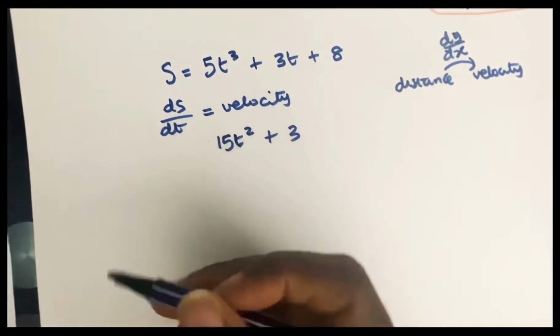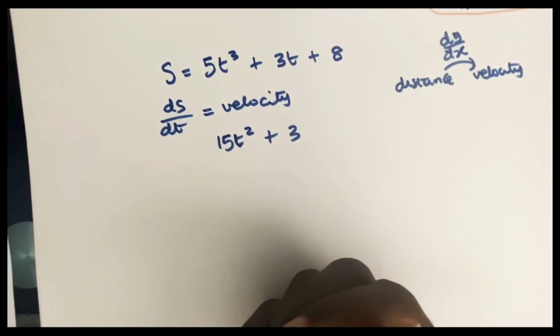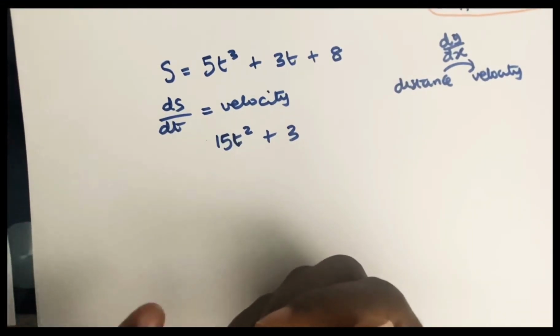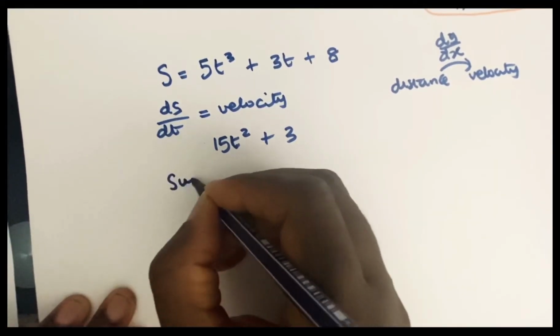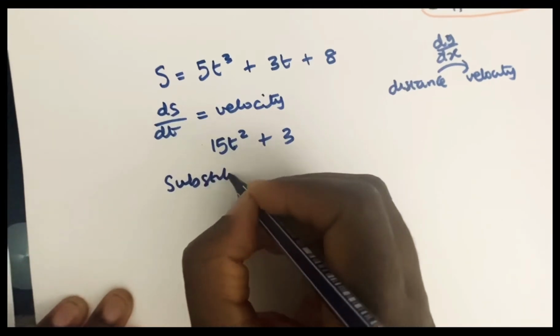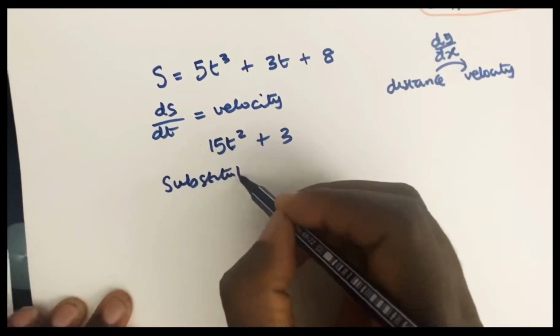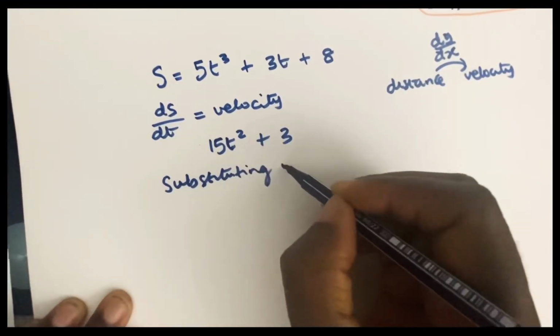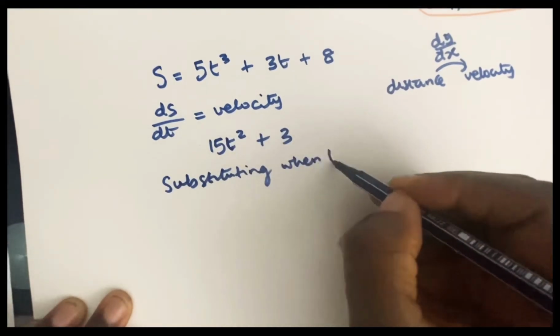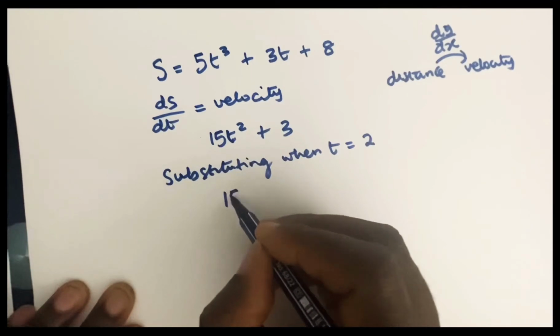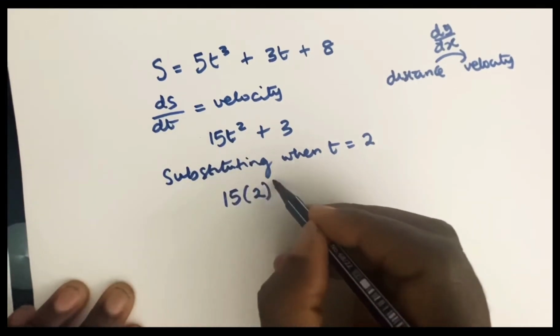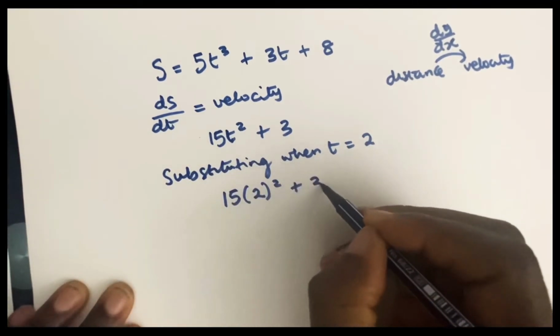And after 2 seconds, we just have to substitute 2 whenever we see t. Substituting t equals 2, we have 15 times 2 squared plus 3.